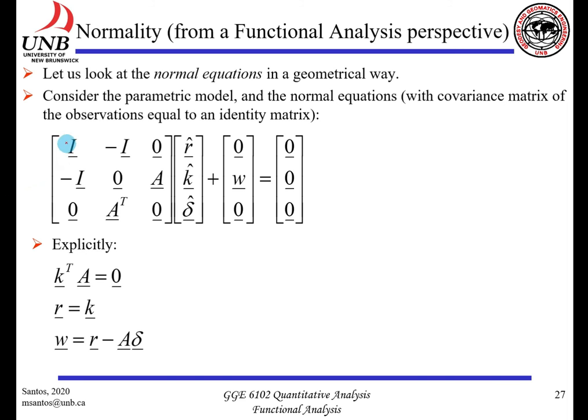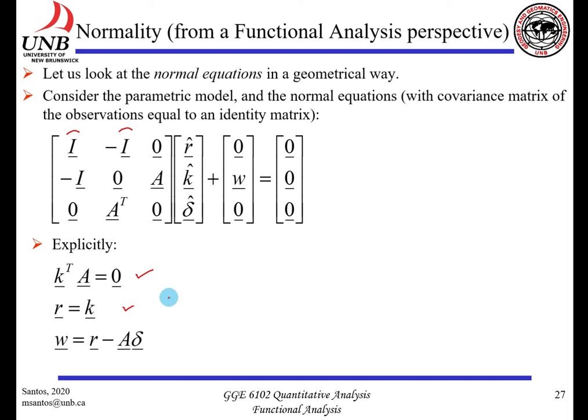To simplify, I made the covariance matrix equal to the identity matrix. If we perform the product, we're going to say that K transpose times A equals 0, and K, if you recall, is the Lagrange correlates.